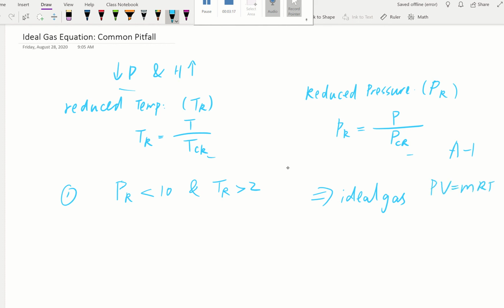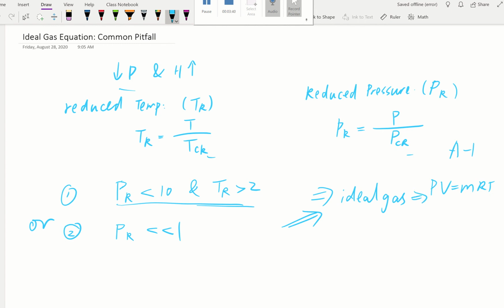The second possibility is that if P_R itself is very small, less than 1, then it is also considered an ideal gas, and they can use PV equal to mRT.